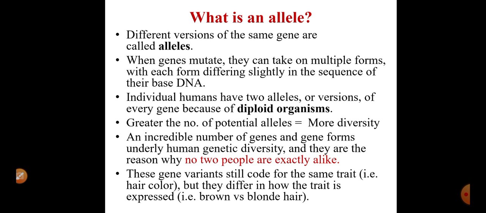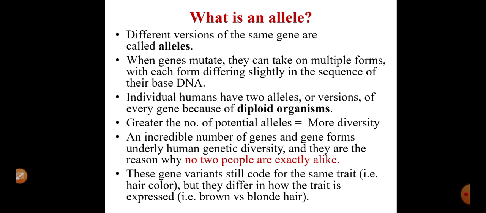Then, what is allele? Here, allele is a version of the same gene. Remember that it is a version of the same gene. Whenever a gene undergoes mutation, it can take multiple forms, and they form slightly different sequences of their base DNA.